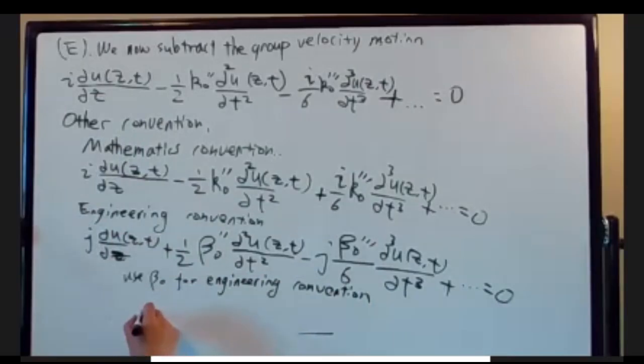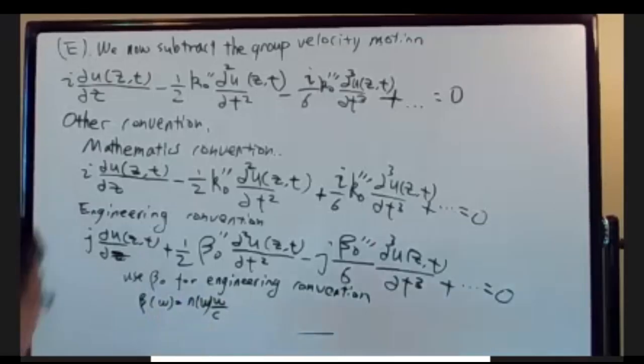Beta has the same definition. Beta is n omega over c. So it's just the different definition for engineering convention.